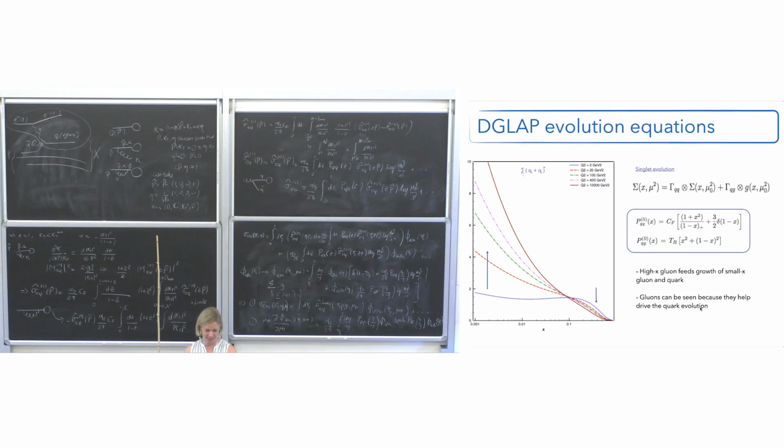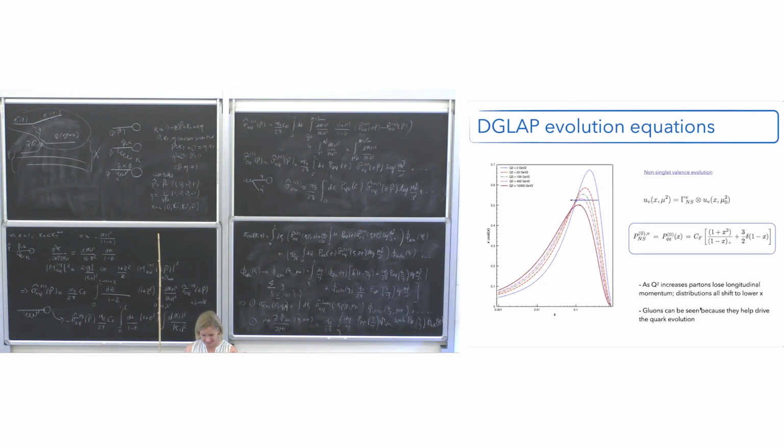Yes, no, you're right. Instead, what you see here for the non-singlet, so for example, the combination, so this is the u valence, which is u minus u bar.